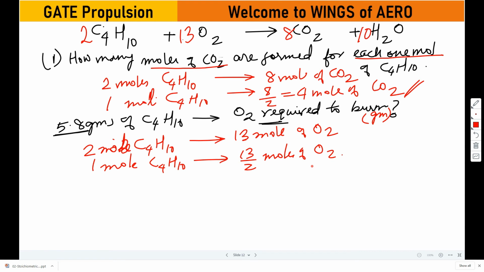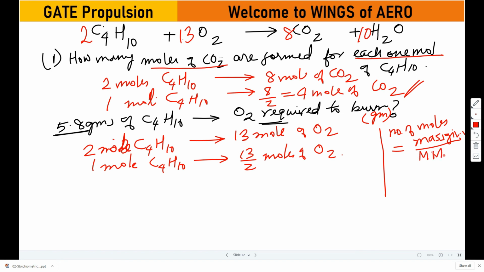Now how many moles do we need? As I've said, number of moles equals mass given divided by the molecular mass.